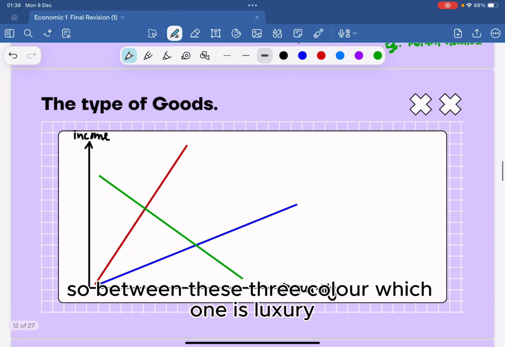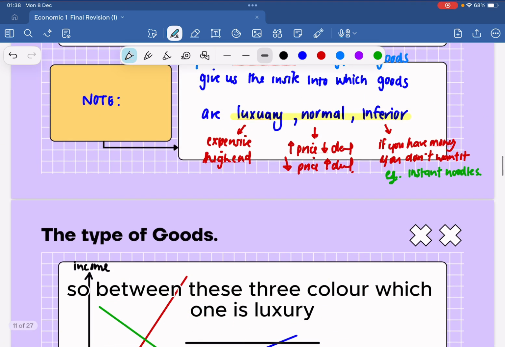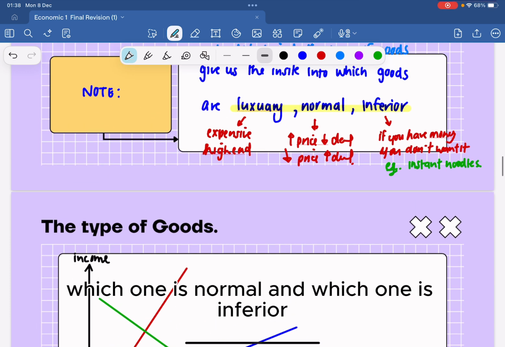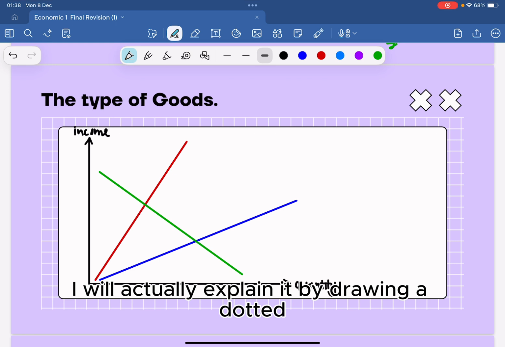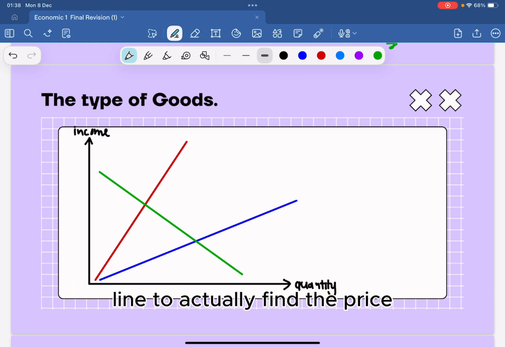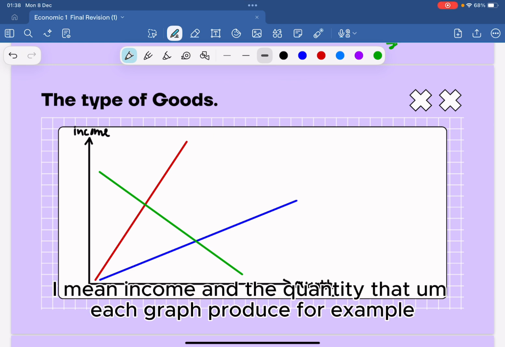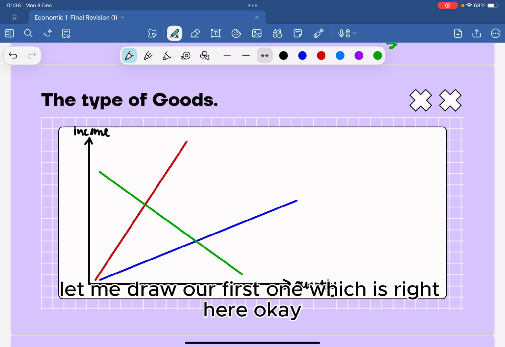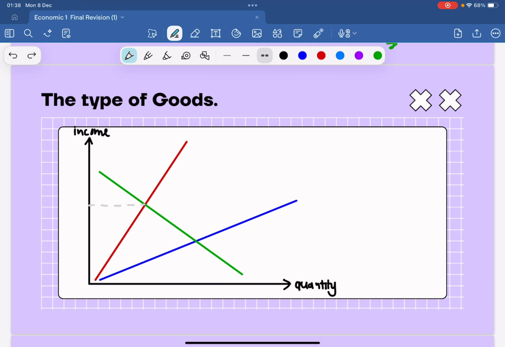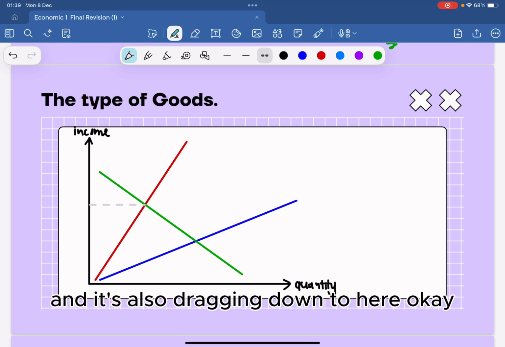Between these three colors, which one is luxury, which one is normal, and which one is inferior? I will explain it by drawing a dotted line to find the income and the quantity that each graph produces. For example, let me draw our first one, right here, and also drag it down to here.